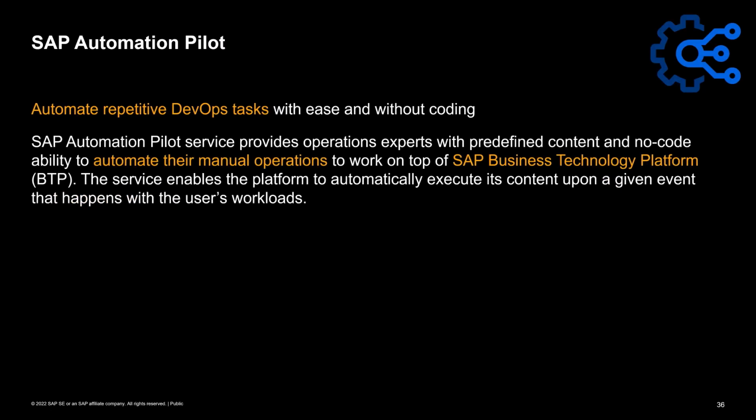Third capability I would like to talk about is SAP Automation Pilot. It allows you to automate repetitive DevOps tasks with ease and without coding. It provides operations experts with predefined content and also a no-code ability to automate the manual operations for their SAP Business Technology Platform services that they have subscribed to.